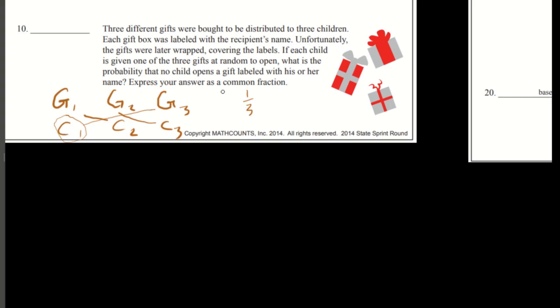So let's consider the 3 possibilities. If child 1 doesn't pick his, he has to pick one of the other person's gifts. So that is 2/3 of a chance that he picks somebody else's, and 1/3 of a chance that he picks his own.